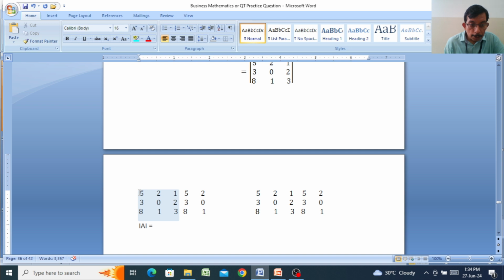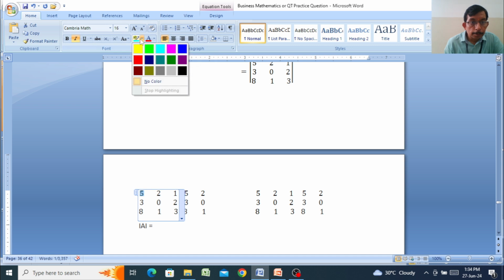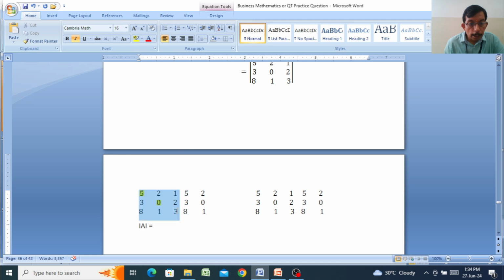The first value is the descending order value, first diagonal element.